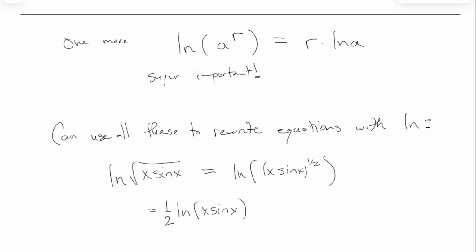You can use the multiplication rule. Make two separate logarithms. This is the log of something times something, so we can split that up into a sum. So it becomes 1/2, we have to leave the 1/2 out there, but it becomes ln x plus ln of sine x. Now I'll leave it to you to decide, is there actually any point to rewriting it in this way? I don't know.